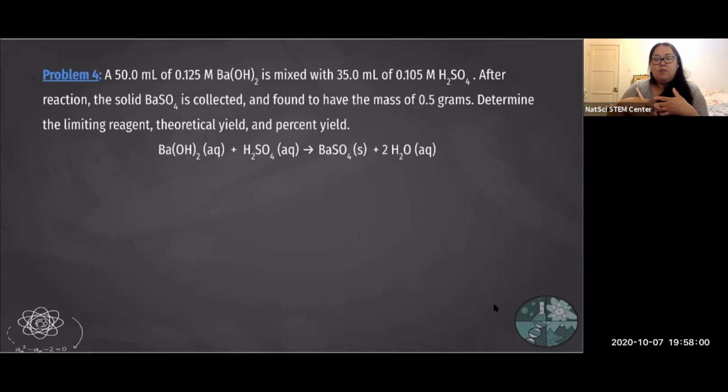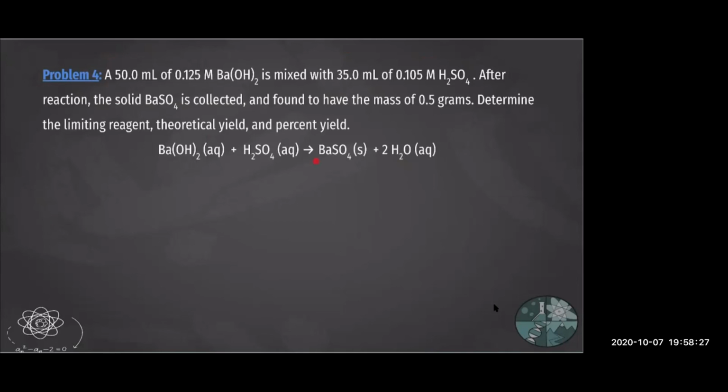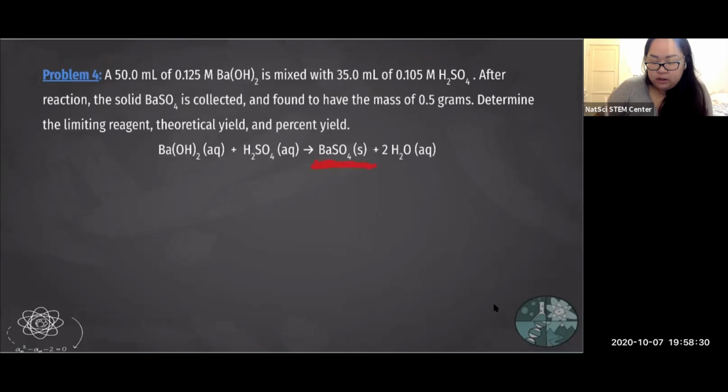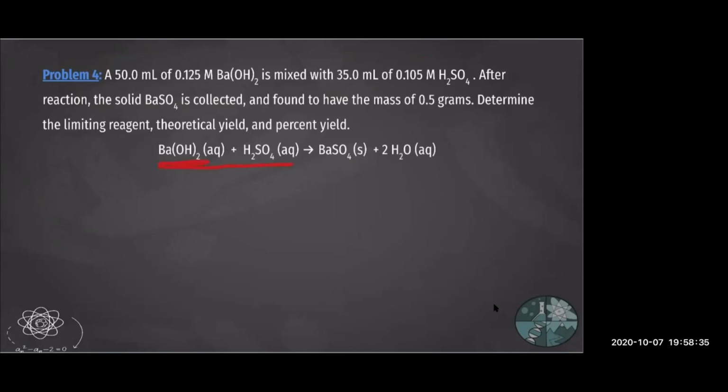Because that determines how much you make, which is your theoretical yield. Then using your theoretical yield and the calculation here, you'll be able to calculate the percent yield of this reaction, of the product, which is this right here. So when you're finding a limiting reagent, you're actually converting this reactant and this reactant to BaSO4.